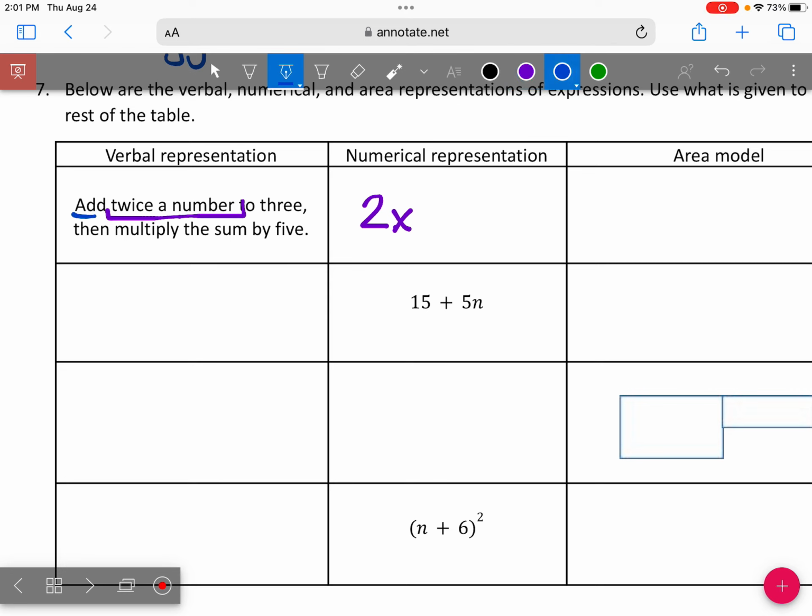We're going to add that to 3. How do I add that to 3? Plus 3. And then put it in parentheses. And then we are multiplying by 5. So we're going to times 5.